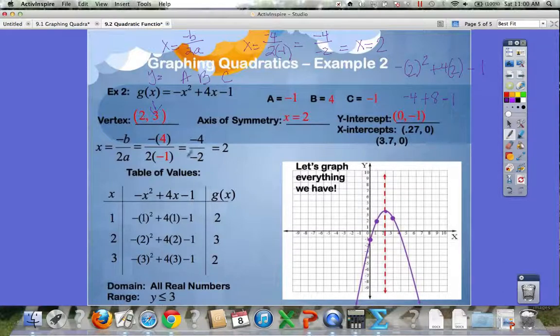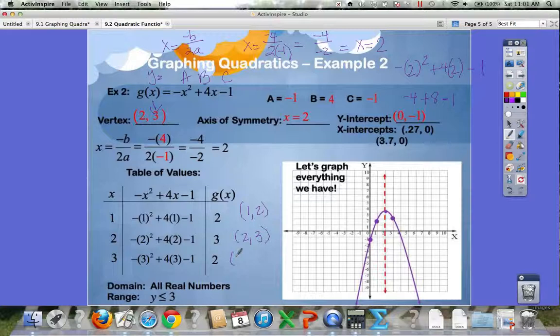Alright, so we are now going to plug some points into our table. Again, making sure you use parentheses, right? So when I plug in 1 into my formula, I get 2 for my y. So my ordered pair is (1, 2). When I plug in a 2, my ordered pair becomes (2, 3).